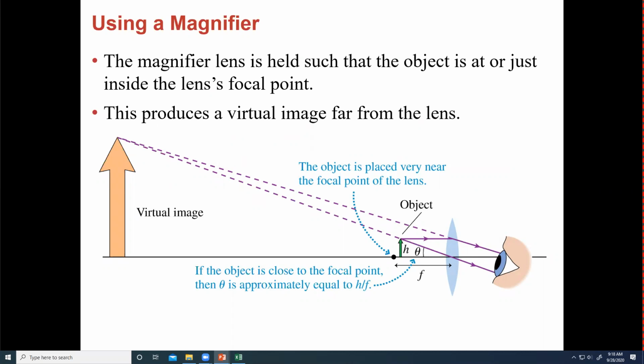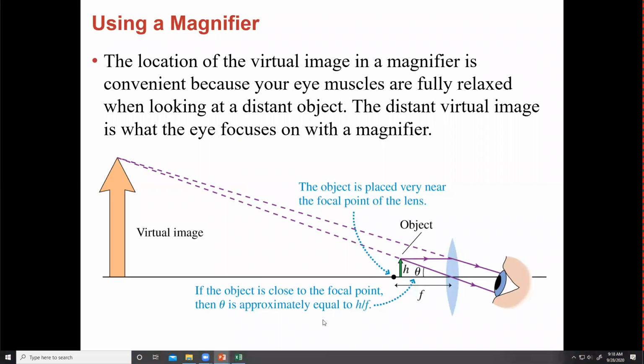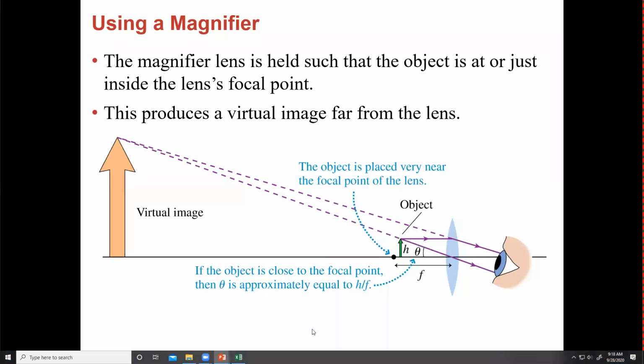Now, how do we find that? There are two ways we can find that. One is by using this big triangle, which would give you tan theta is equal to the height of the virtual image over the distance between the lens and the virtual image.